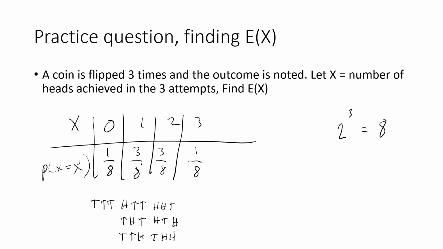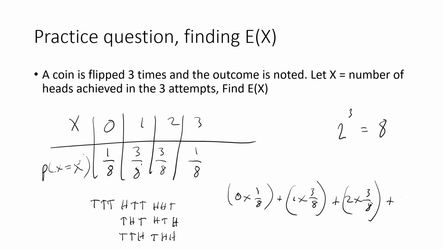So how this would work out is 0 times 1 over 8, which is 0, but we'll include it for understanding, plus 1 times 3 over 8, plus 2 times 3 over 8, plus 3 times 1 over 8. And that gives us 1.5, which is the expected value.